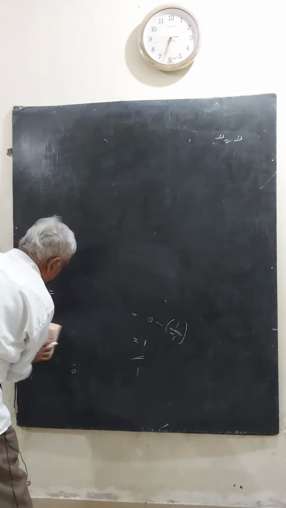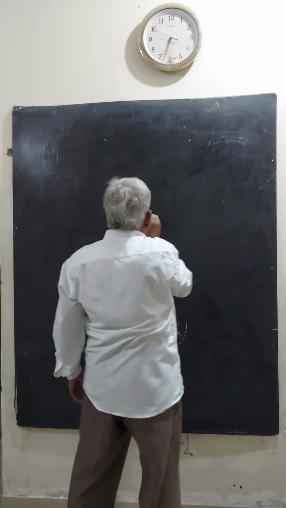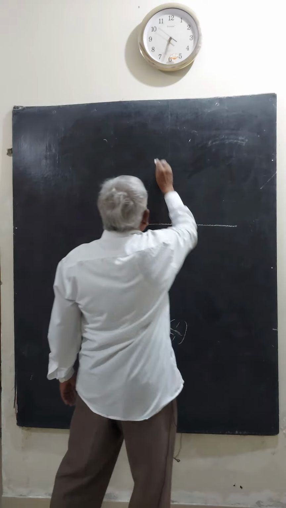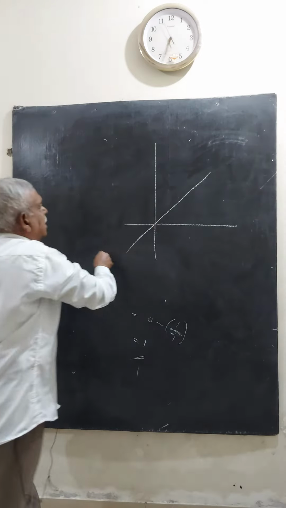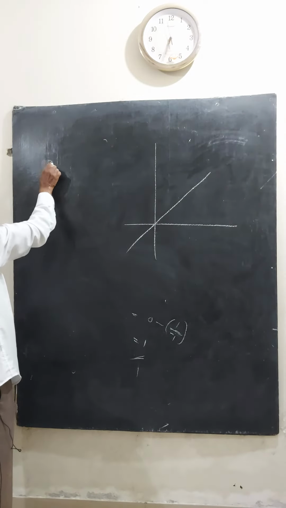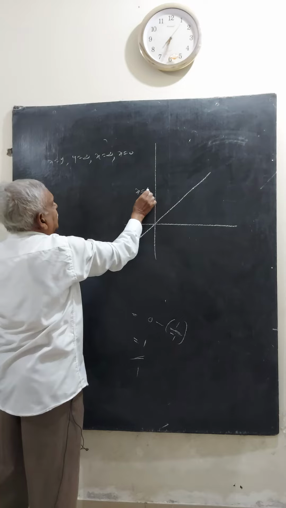Again I am telling how we are changing the order of integration. Here the curve is x equal to y, with y equal to infinity, x equal to infinity, and x equal to 0. The equation of the y axis is x equal to 0.